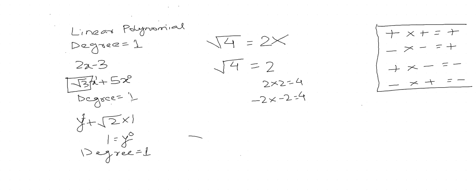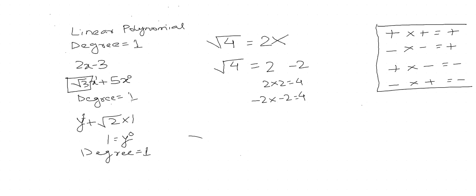So -2 into -2. Minus into minus means you will get plus. So this is +4. Even if you are multiplying +2 into +2, you are getting 4. If you're multiplying -2 into -2, even then you are getting 4. So the root 4 value will be +2 and -2. You will get both the values.